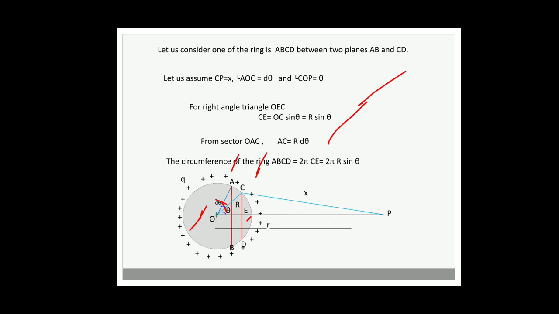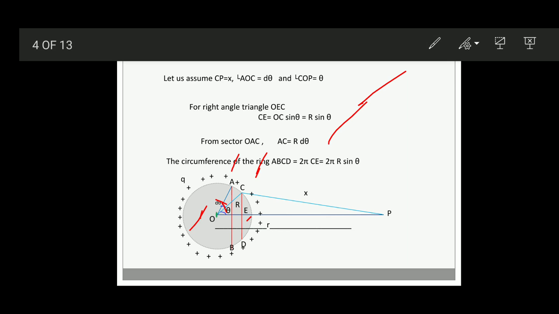Now, what is the circumference of the ring ABCD? We know the circumference of a circle is equal to 2 pi times the radius. The radius of the ring ABCD is CE, and we know CE is equal to R sine theta. So the circumference of the ring ABCD is equal to 2 pi R sine theta.